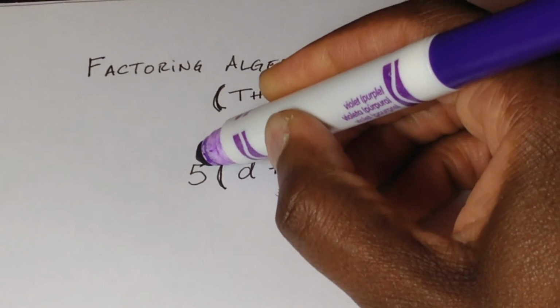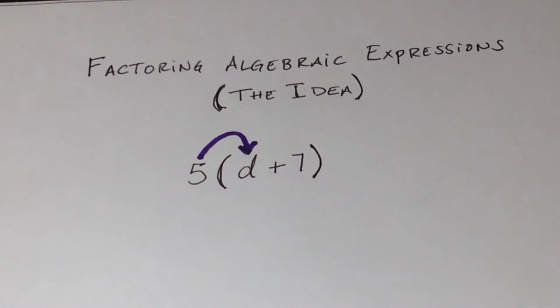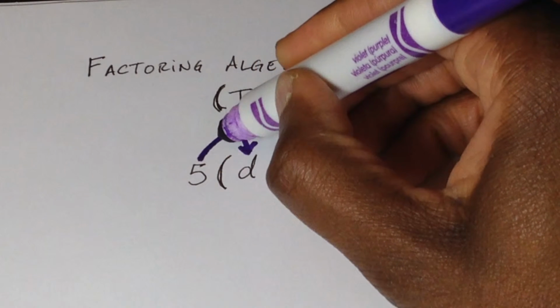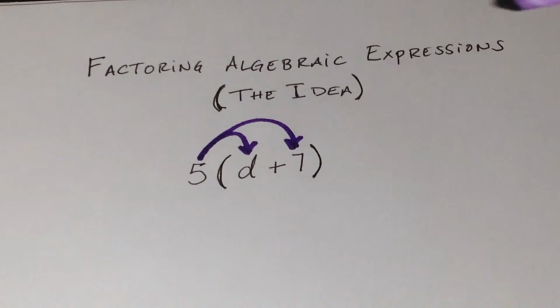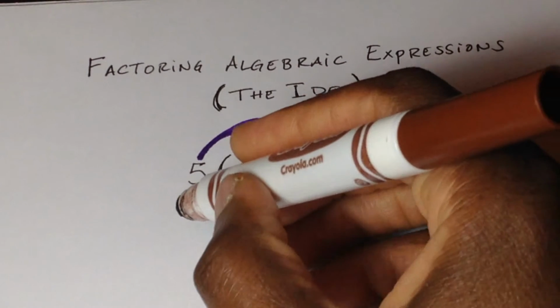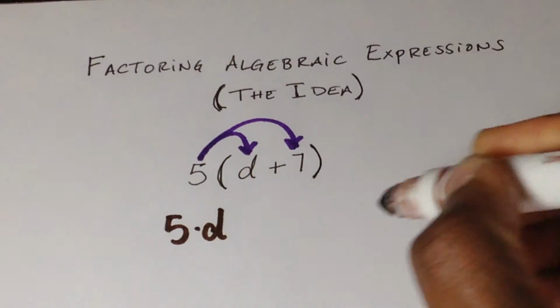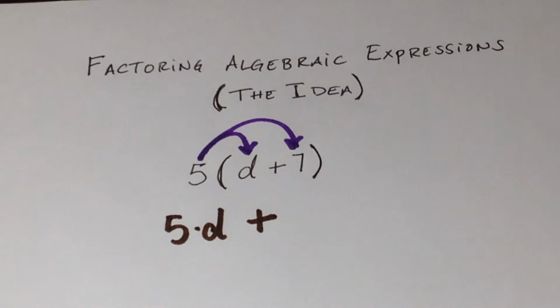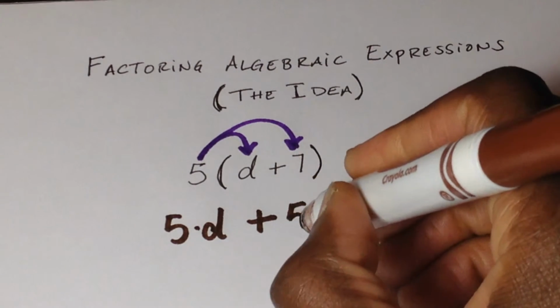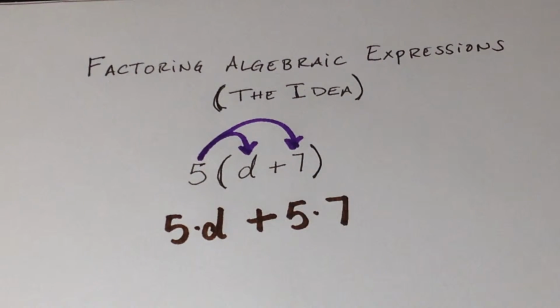Expanding means we're going to multiply the 5 times d and the 5 times 7. And as we rewrite this, we're going to rewrite the expansion as 5 times d, big plus sign, and it's going to be 5 times 7, right?